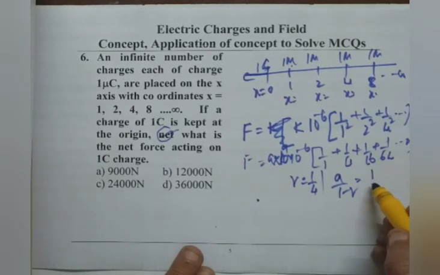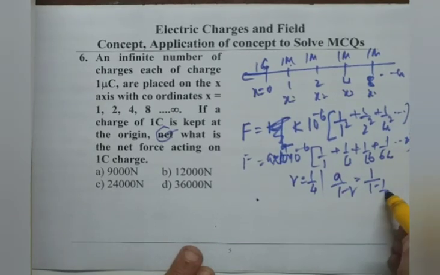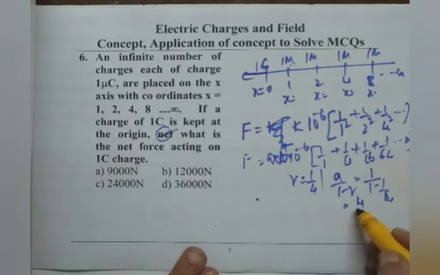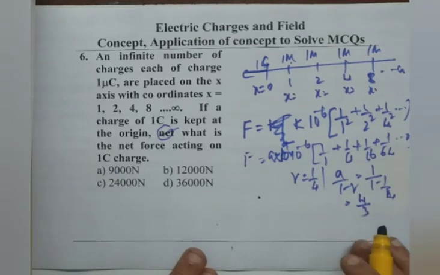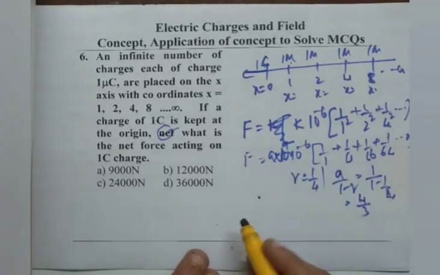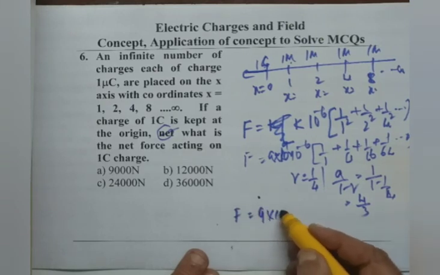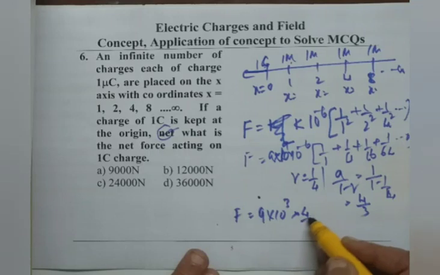We substitute 1 by 1 minus 1 by 4. Therefore, this series will give us 4 by 3. We substitute that back there now. F equals 9 into 10 raised to 3 into 4 by 3.